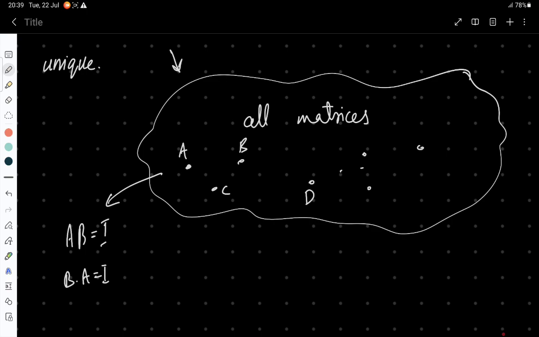This means that if a matrix has an inverse, then its inverse must be unique. There is no other matrix which will satisfy this property.